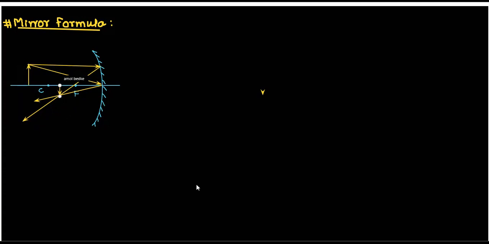Okay, so shall I change color so that you will understand a little better? So this green one, can you see? This is the object, and this red one is its image. This red one is its image.